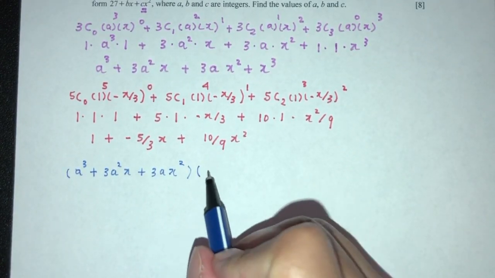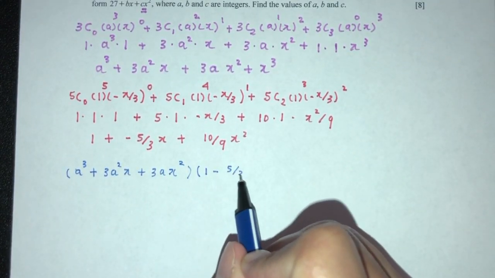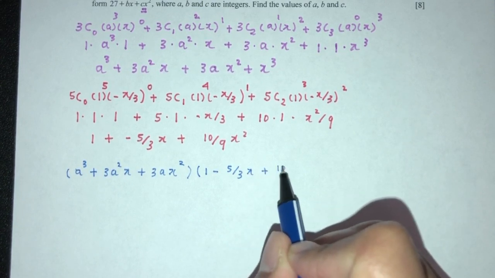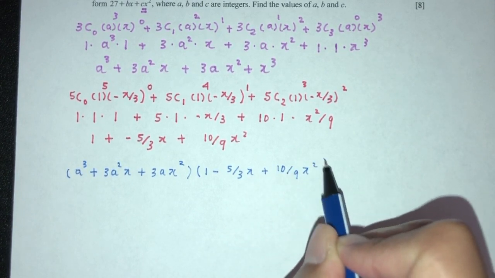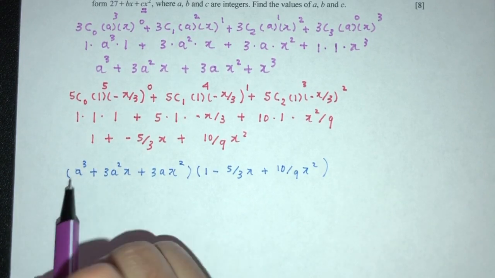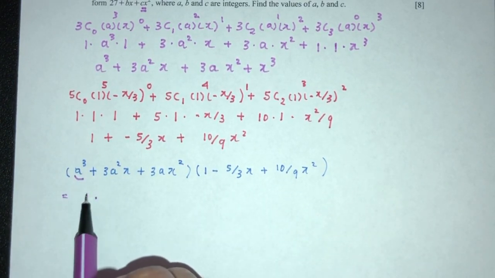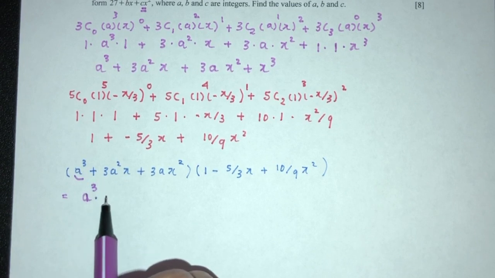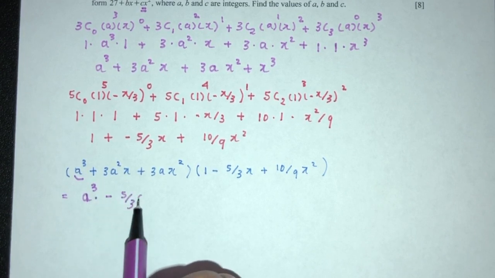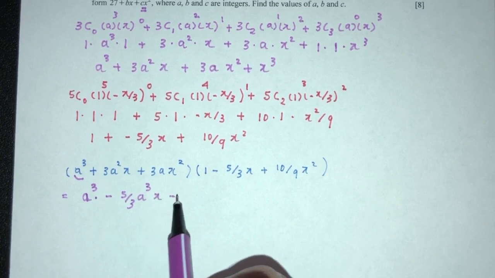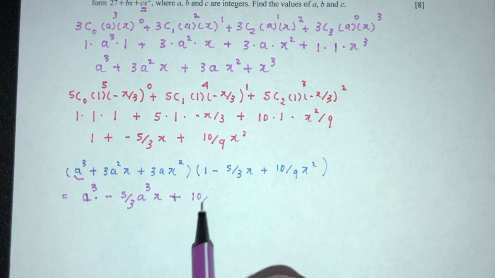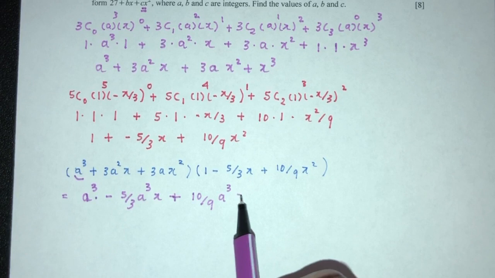Multiply by the other term, 1 minus 5 over 3 x plus 10 over 9 x squared. So one by one, first you take this one and multiply by everything here. That will become 1 times a cubed, minus 5 over 3 a cubed x, plus 10 over 9 a cubed x squared.